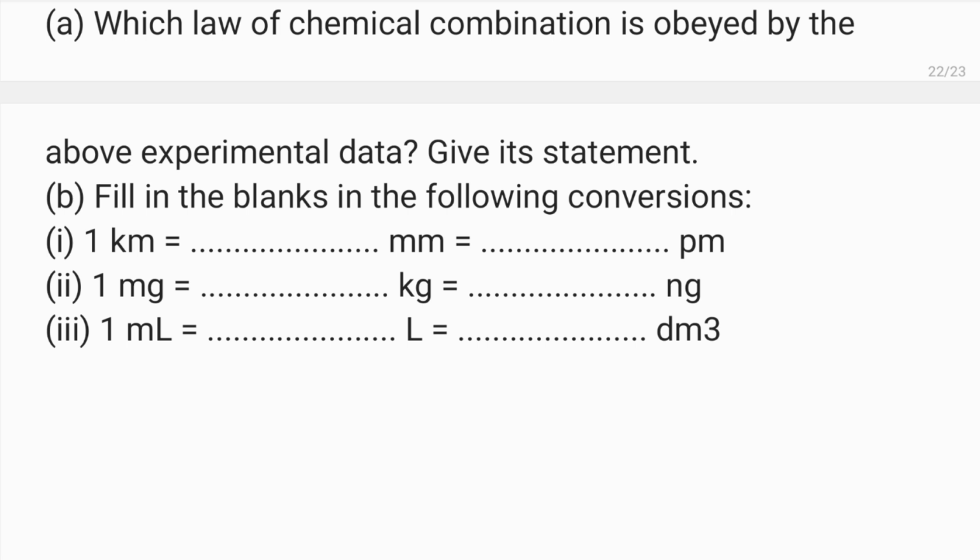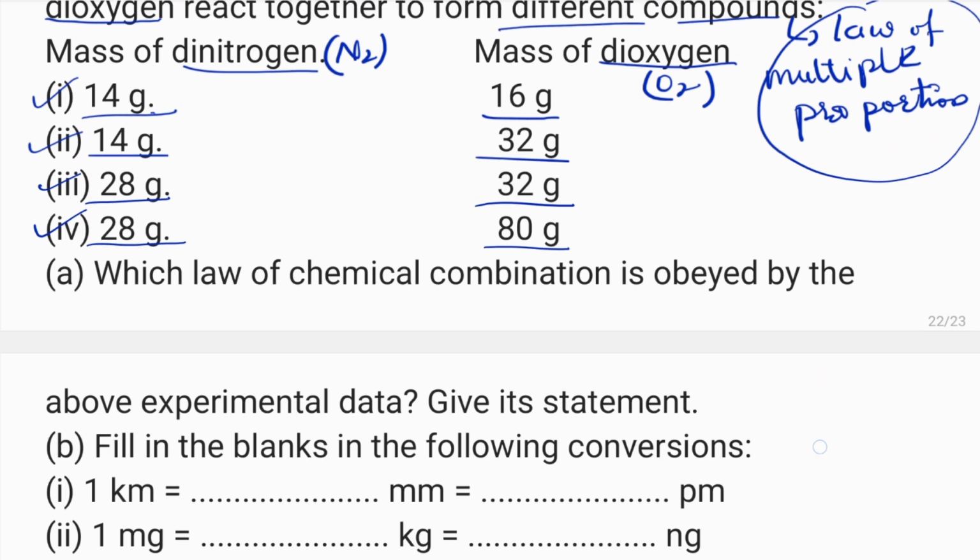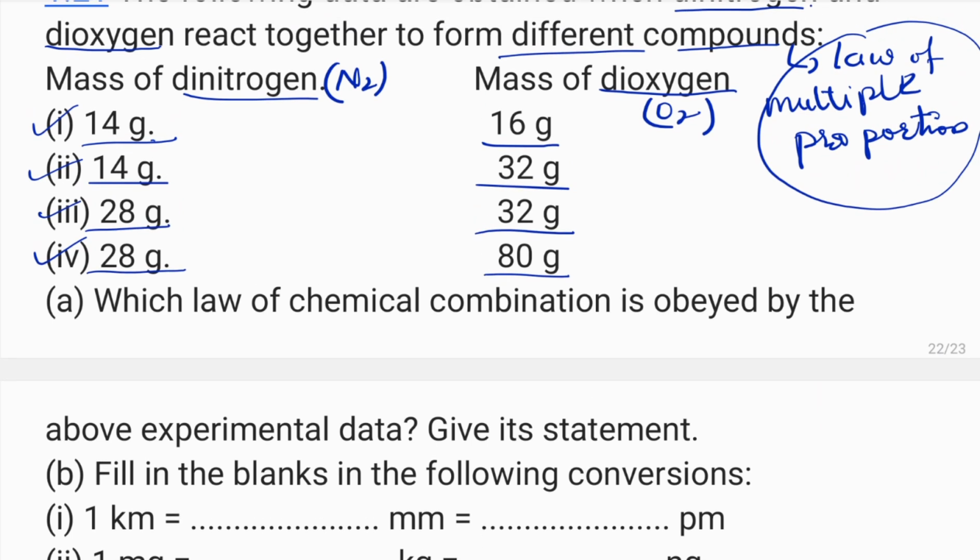There are two elements combining to form two or more different compounds, as we can see from here. They combine in a fixed ratio by mass.